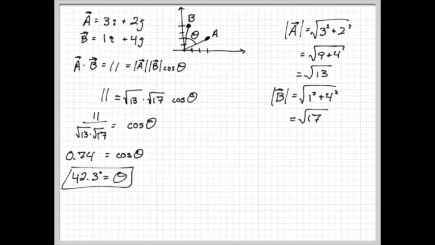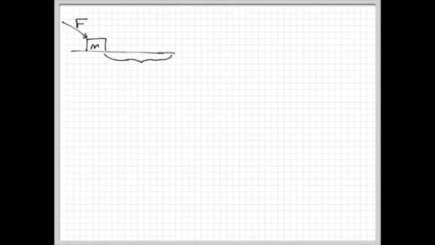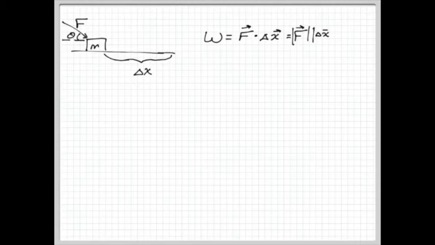Okay, so that notation really comes in handy, because when we're talking about applying a force on an object, and that force causes the object to slide through some displacement, and there's an angle of theta between them, we can completely generalize this statement by saying the work is equal to the force vector dot product with the displacement vector, which can also be shorthanded as the magnitude of the force times the magnitude of the displacement times the cosine of the angle between them.